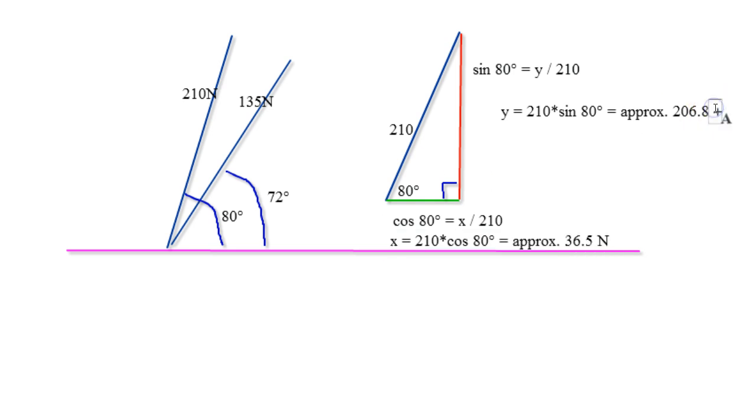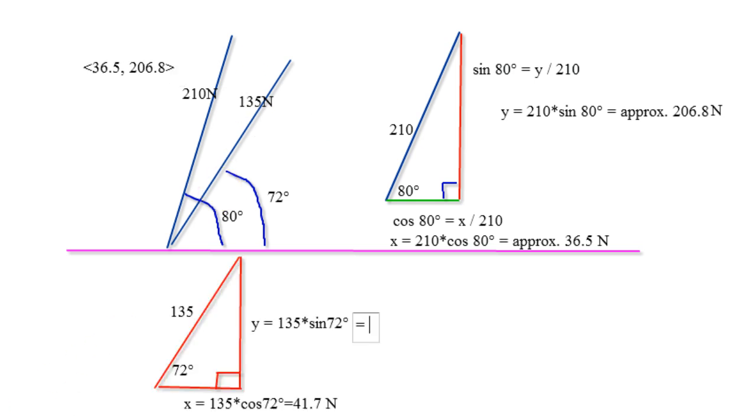We're not trying to do anything really fancy with it. So I've broken this one down into its horizontal and vertical components. Its components are going to be <36.5, 206.8>. Then I could find the sum of these two by finding the components of the other triangle.